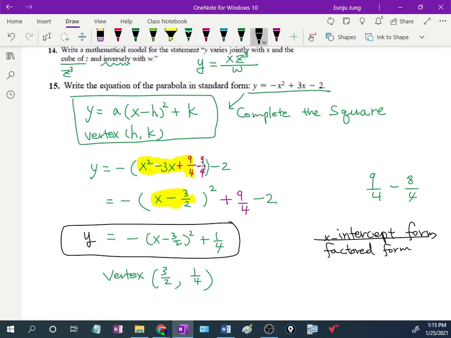Either way is fine. The equation of the parabola in vertex form. This is vertex form. And this is called the standard form. And factored form is another form. Okay.